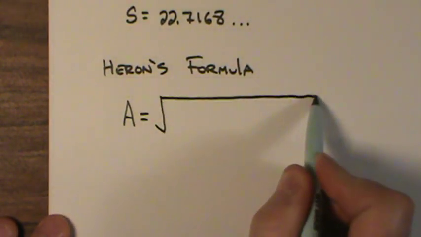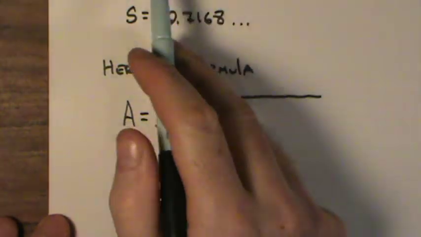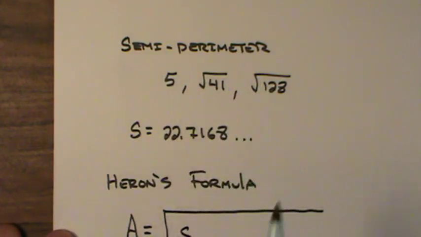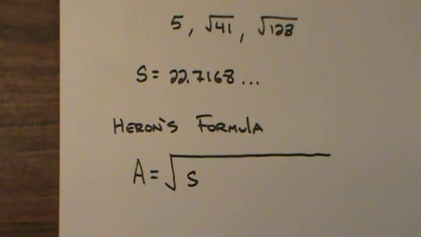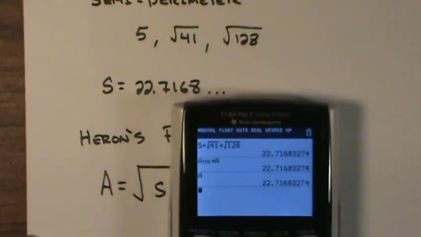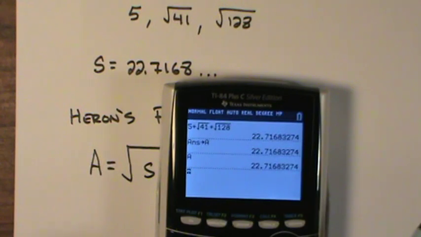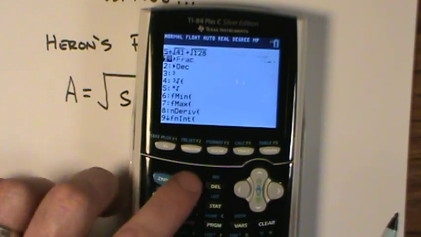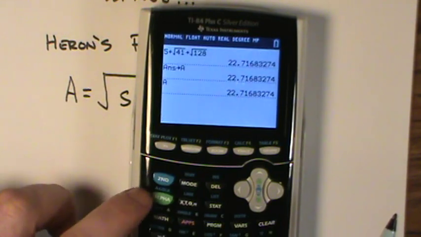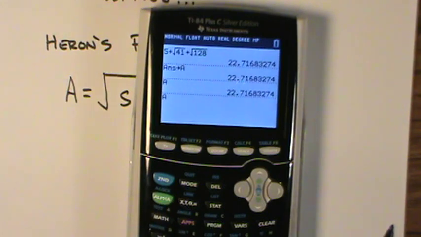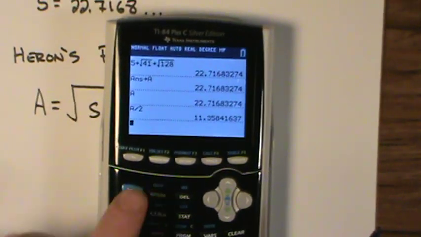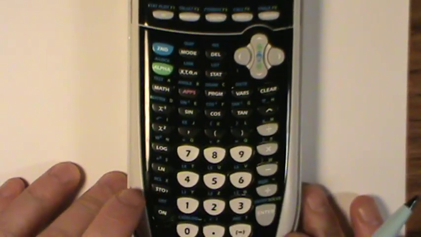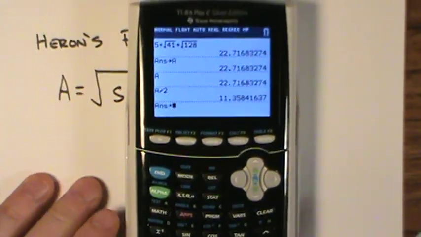It'll be the square root of S. Now S is the semi-perimeter that we just calculated a moment ago, where we added the 3 sides and then divided by 2. I forgot to divide by 2. Oops. Easy fix though. I'll take my alpha A, divide by 2. That should be 11.358, so on and so forth. I'll store that the same way that I did a moment ago. I just go store, and I can put it right back into alpha A.